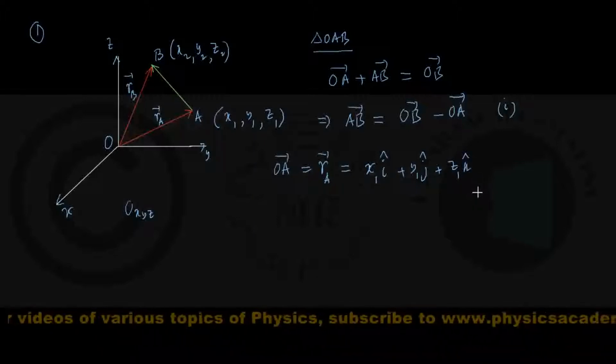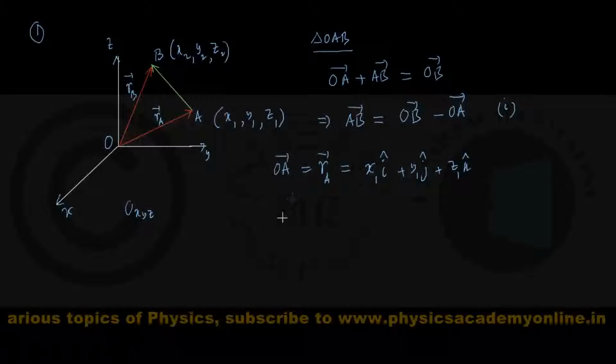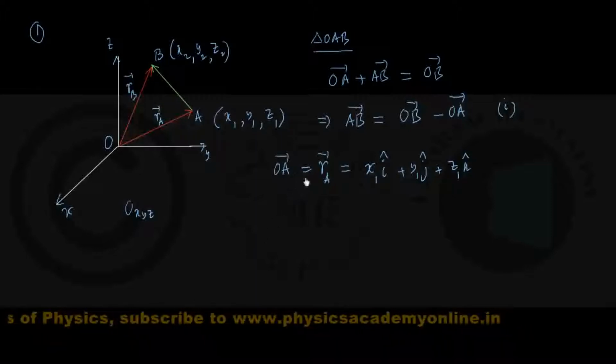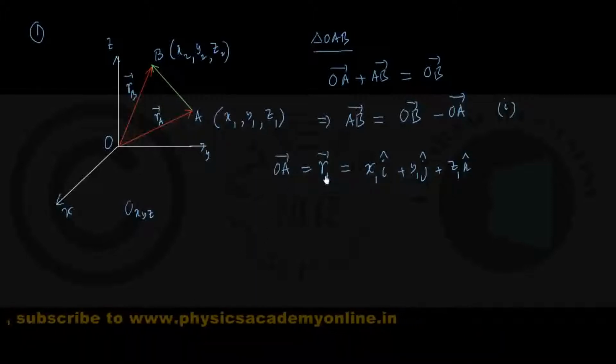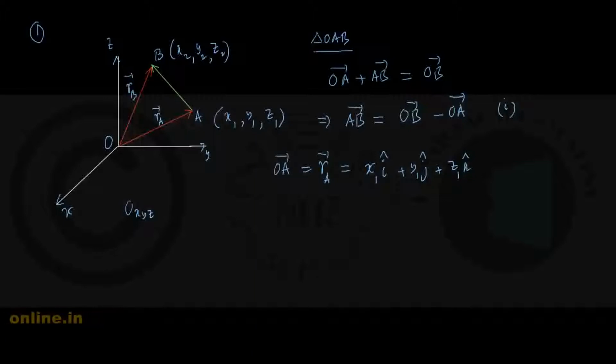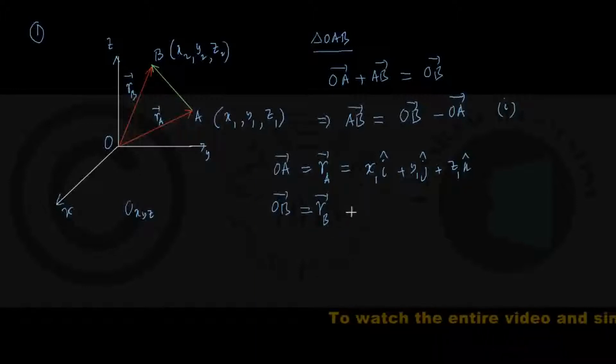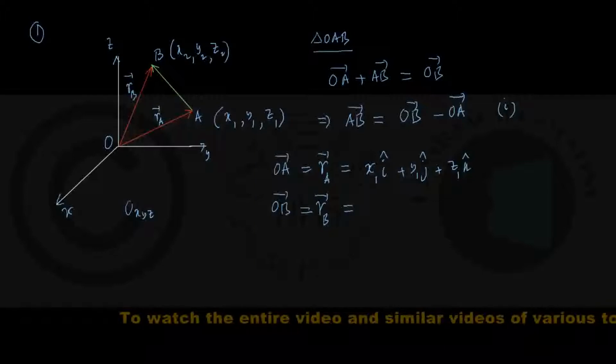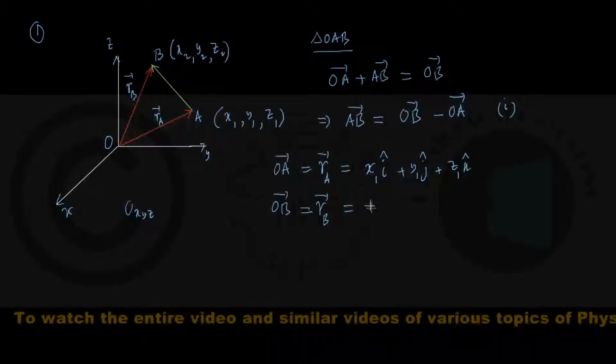If you remember, some time back we did that any position vector of any particular point can be expressed in terms of i, j, k using its respective coordinates. Similarly, I can write down the vector OB, the position vector of the point B, the terminal point of the vector AB, with coordinates x2, y2, z2.